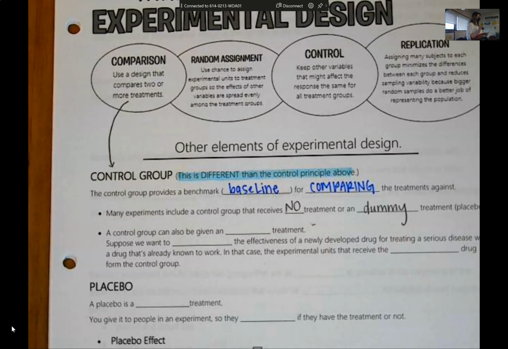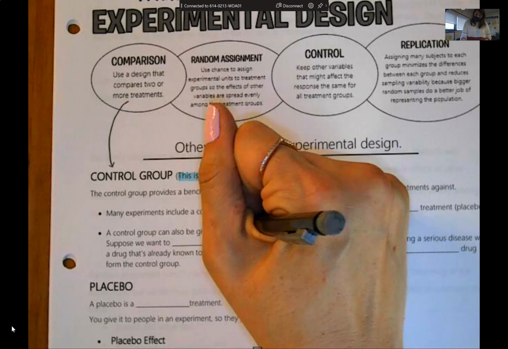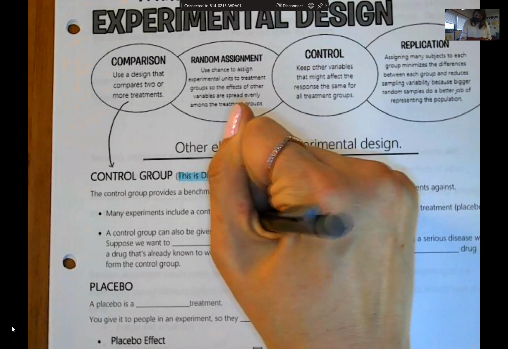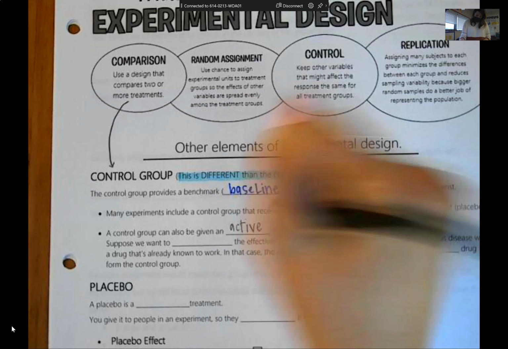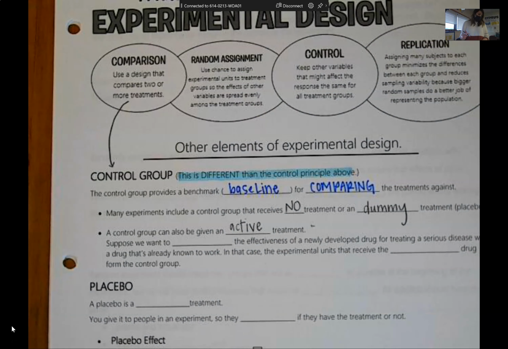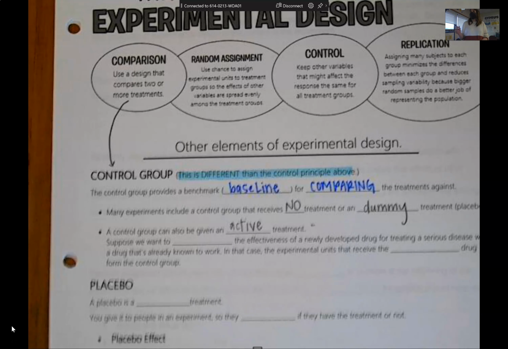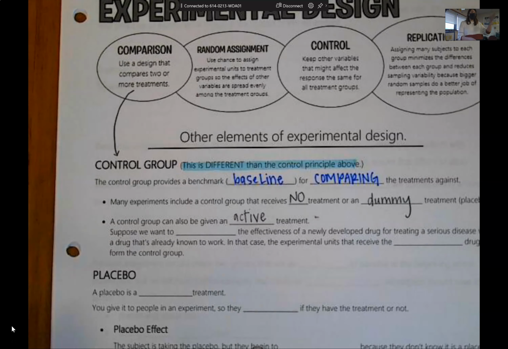So they receive no treatment or a fake treatment. Or your control group can be given an active treatment, but in that case, you are usually trying to compare an existing drug to a newly developed drug.